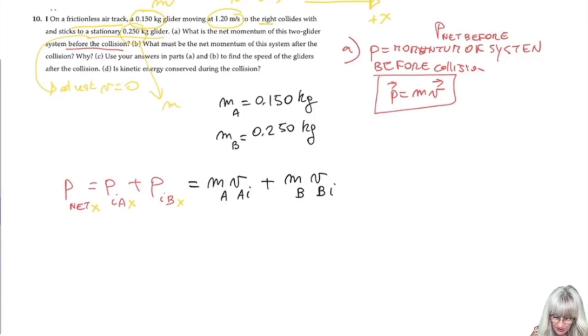All right? Let's not forget that B is at rest. So this term goes down to 0. So we are left only with the mass of A, velocity of A initially. So super simple.